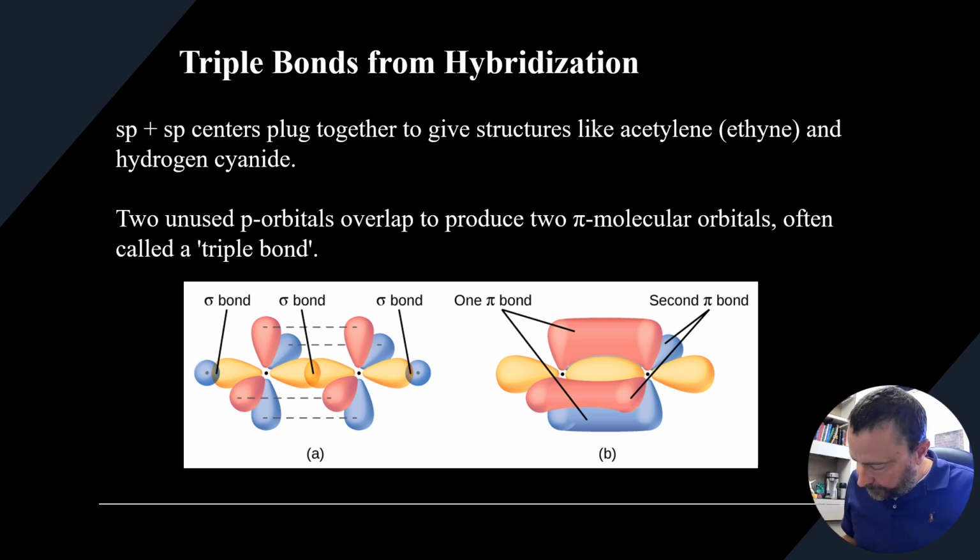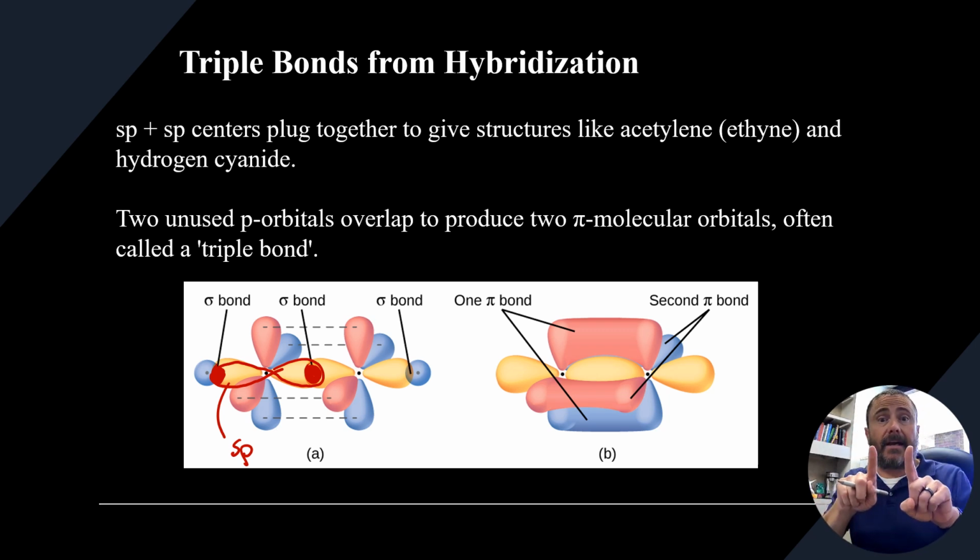This is your sp, and so you get a bond out here and a bond out here. Remember that sp is like two different orbitals that can have two different bonds. Both of those are sigma bonds.